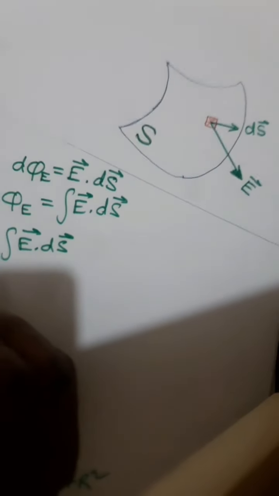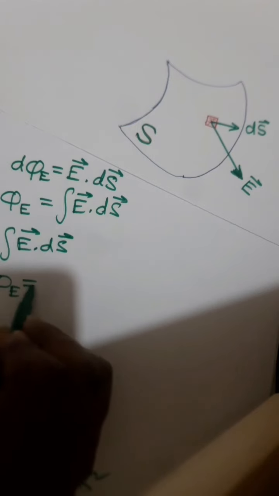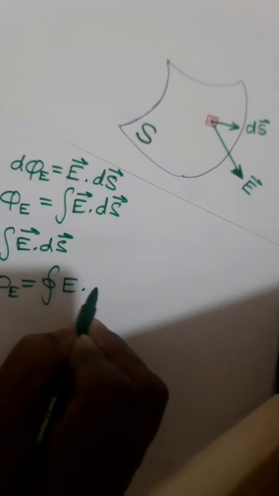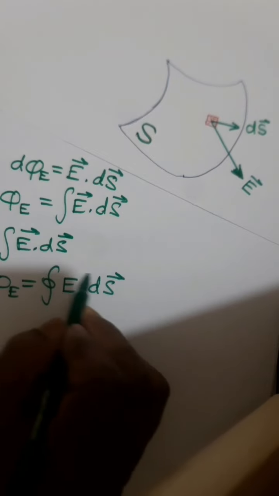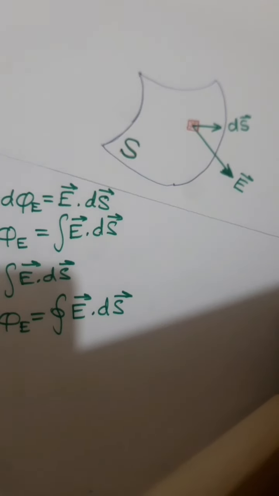For a closed surface, the total flux phi E equal to closed surface integral E dot ds. Finally, the realization and the definition of electric flux is that the electric flux is the surface integral of the electric field E over the surface.